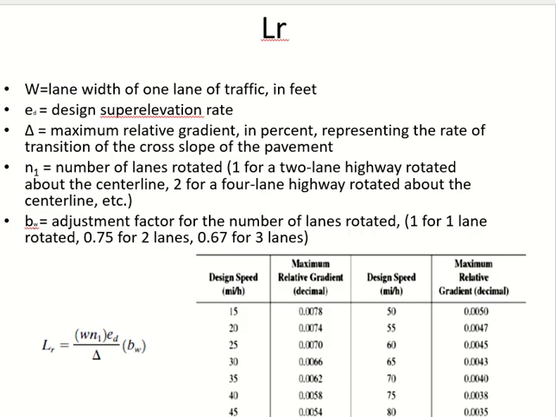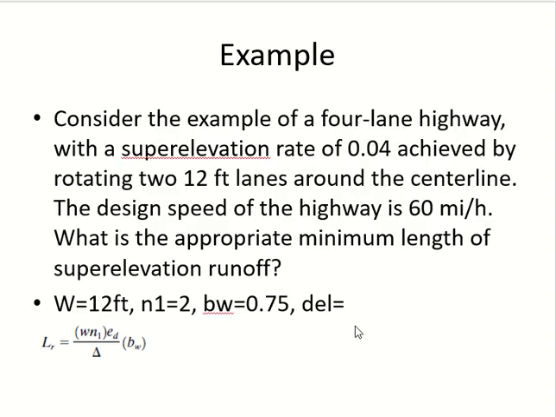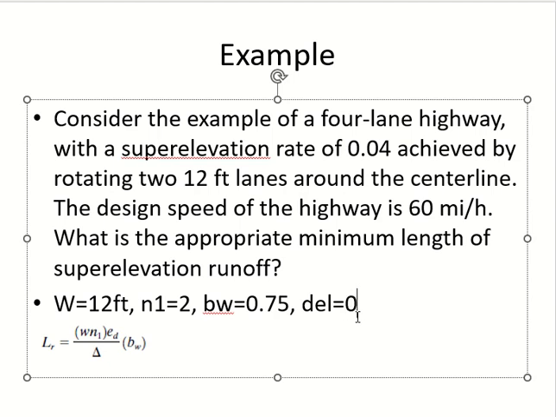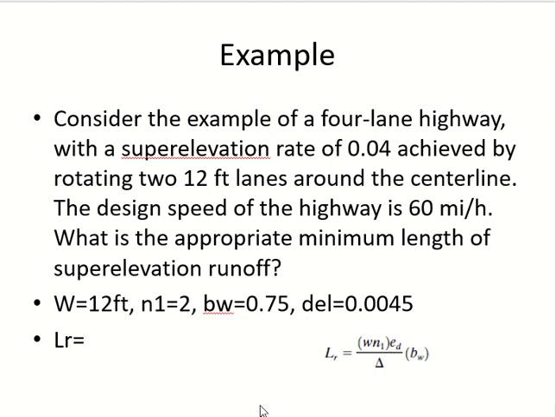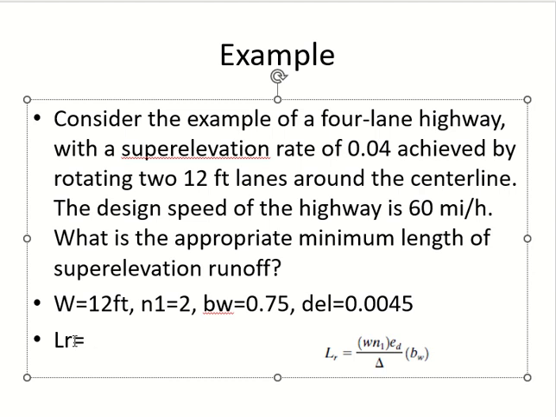Design speed is 60, so delta is 0.0045. Okay, how much is LR? 160. Clear? Any problem in this?